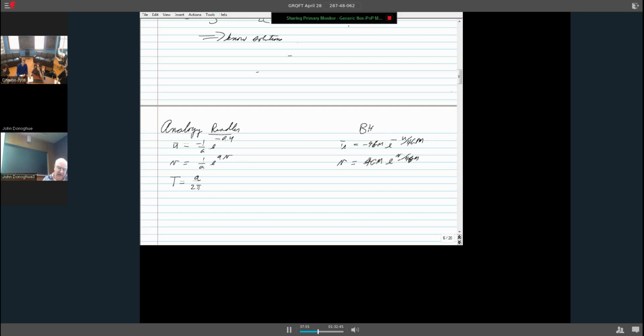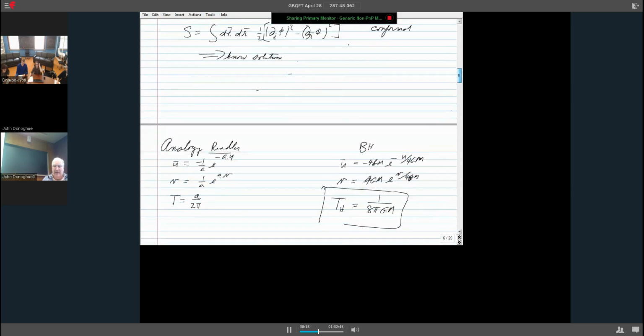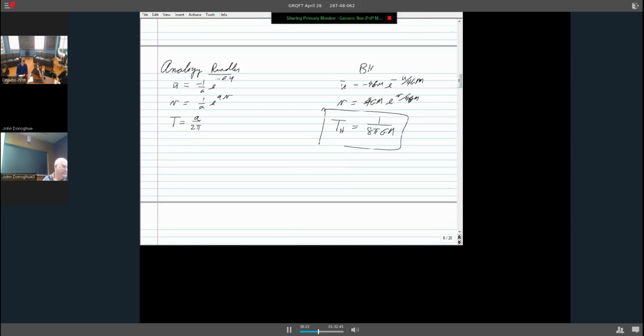And the black hole case, then you can do the same thing as U bar is minus 4 GM e to the minus U over 4 GM. V is 4 GM e to the V over 4 GM.